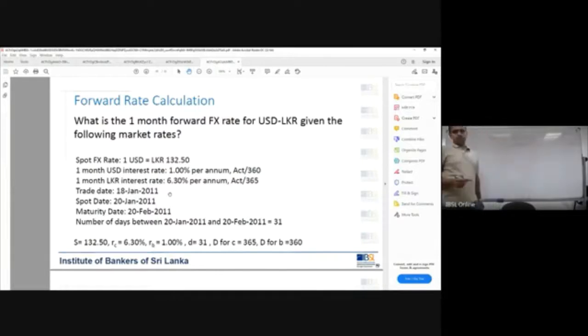And this is per annum, and you need to calculate for 31 days. Right? It's 31 over 365 because Sri Lankan rupee is given as actual 365. Divided by 1 plus base currency interest rate 1%, 31 over 360. This dollar is given as actual 360.